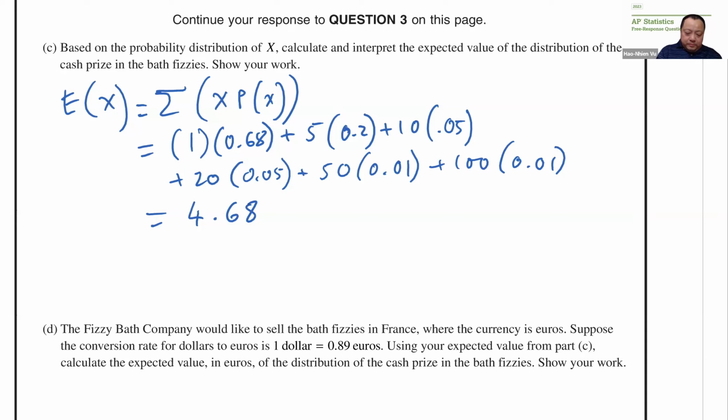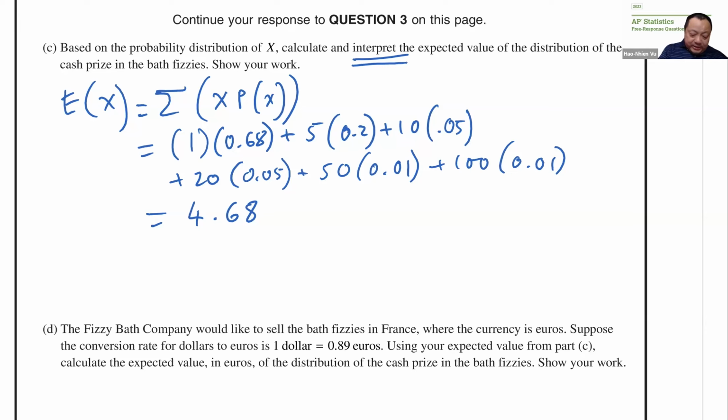This means, interpret. It's an expected value, so it's something you expect. And these things involving probability are always things in the long run, according to the law of large numbers.